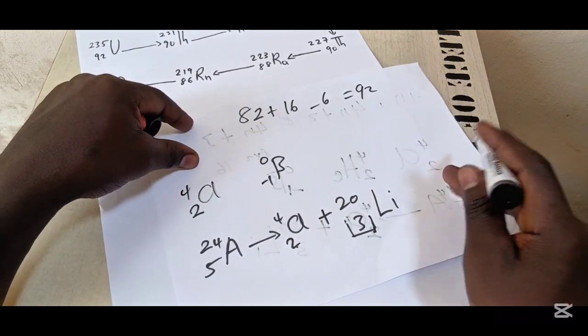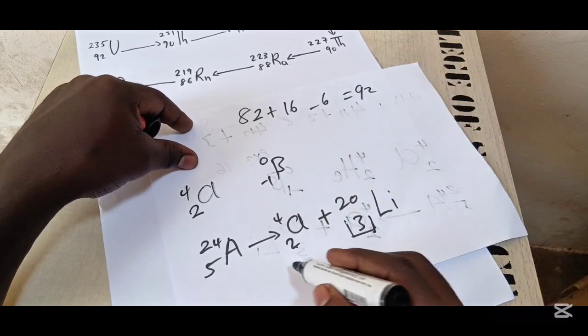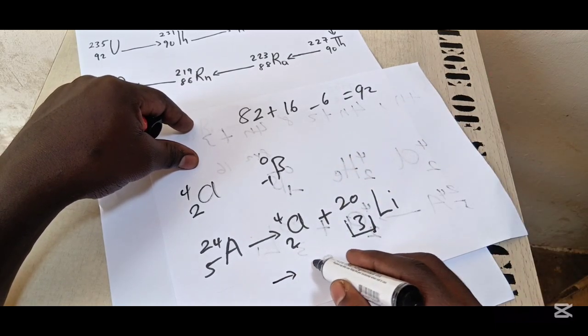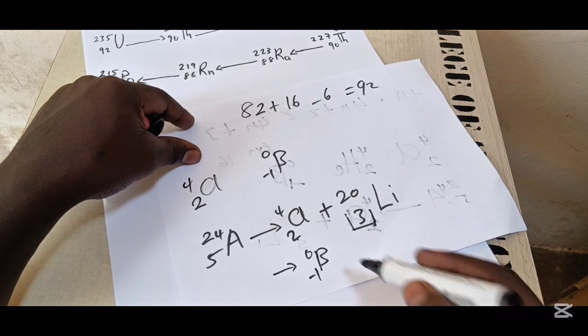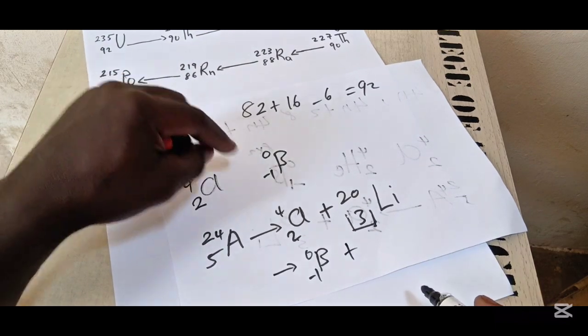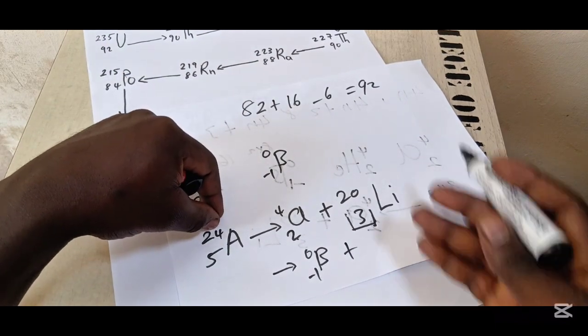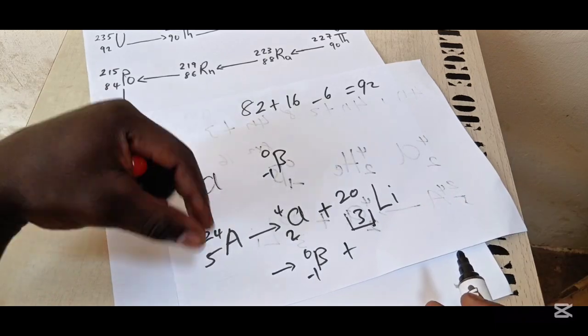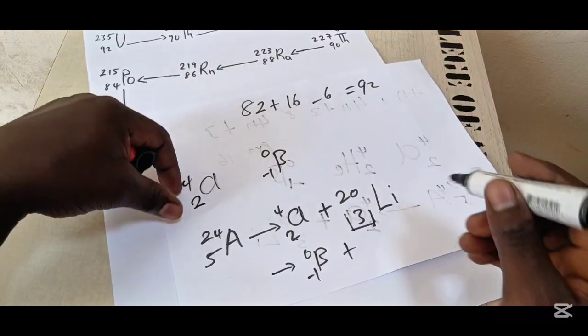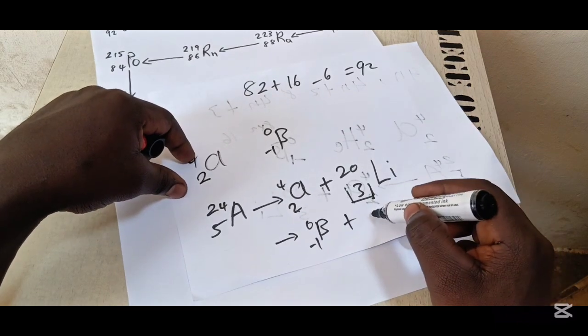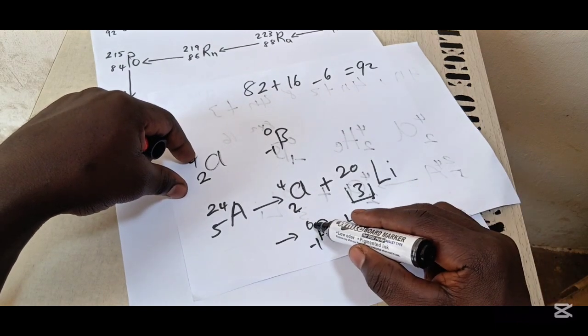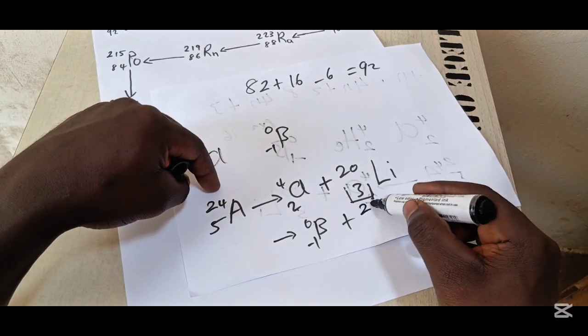If we have beta particles, assuming we are going to get a beta particle here too, which is 0, -1, this means the mass number at the product side should be the same as the mass number at the reactant side, and the same thing will happen to the proton number. This means we are going to get a nuclide here. What mass can we add to 0 to get 24? It's just 24, right?